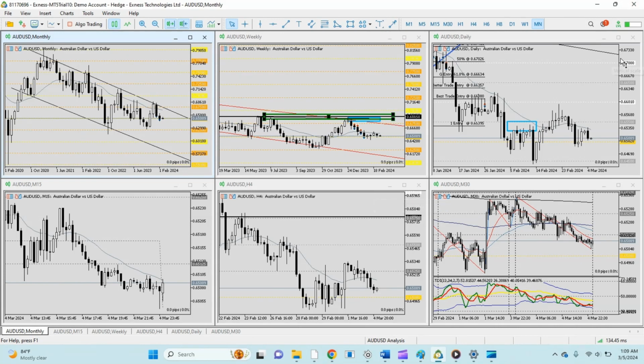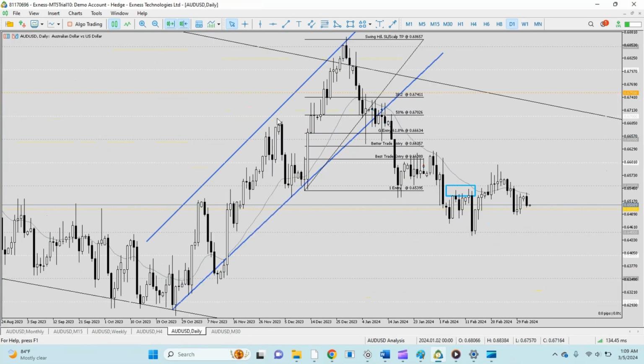So in the daily chart, what can we see? Okay, the market has broken. There is a break in this trend line. So we may be expecting the market to, we have a demand supply area here. And I think liquidity is being engineered.